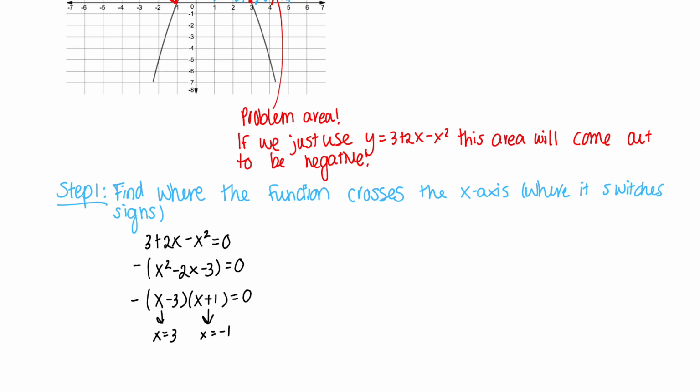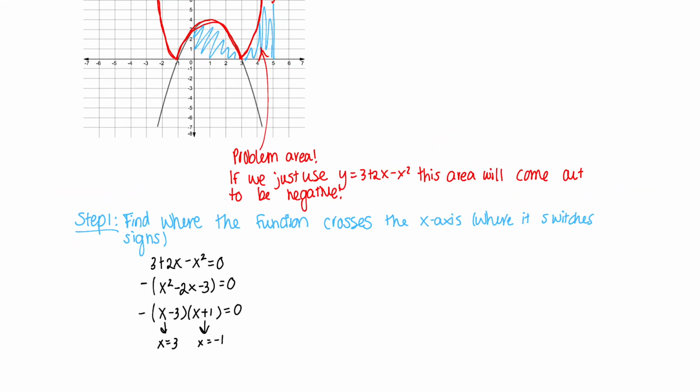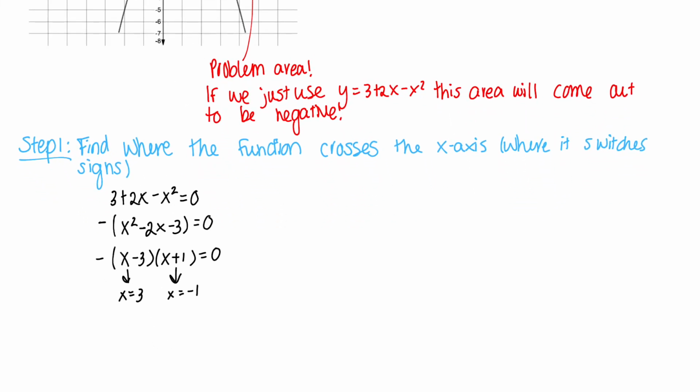So at x equals 3 and at x equals negative 1. And yes, this picture really showed that for us. But let's say we didn't know what the graph really looked like. We would need to figure this out. Oftentimes, you're going to want to make a sign chart to figure out where the negative areas are.